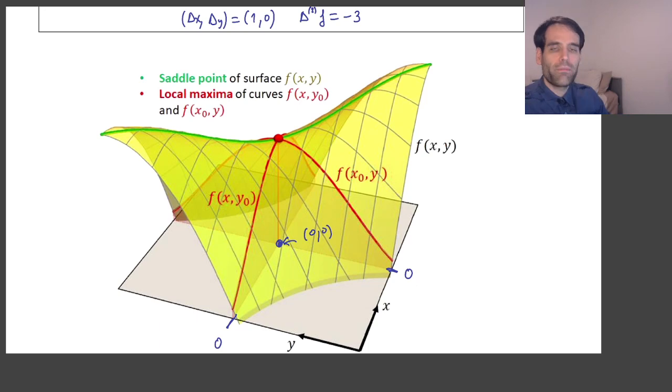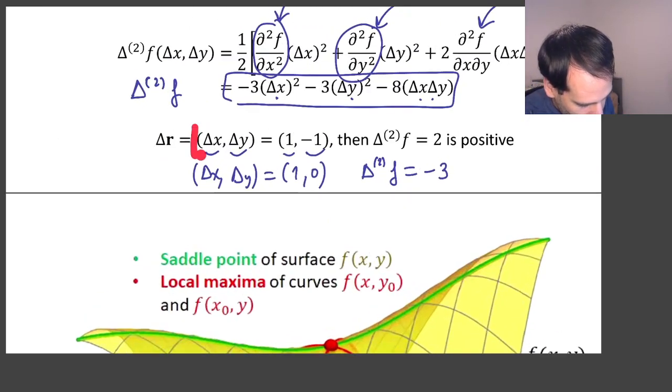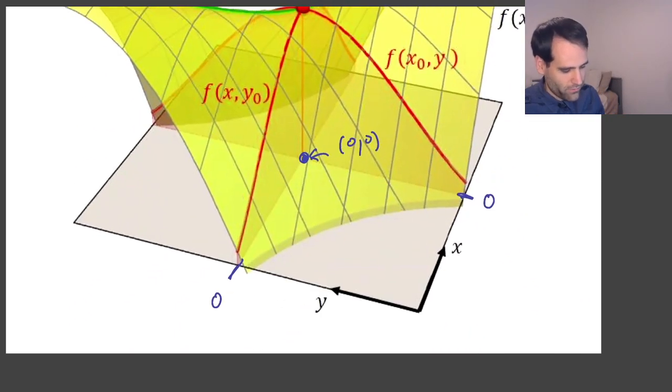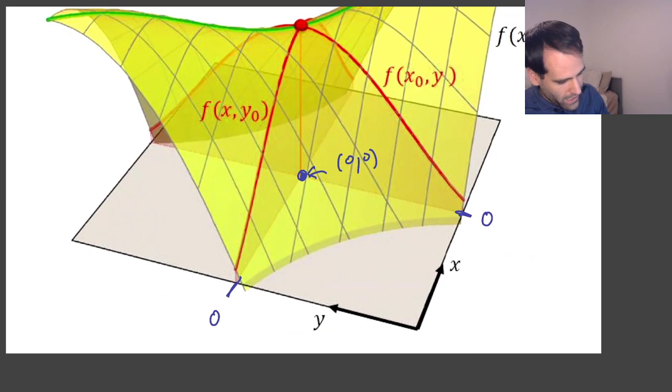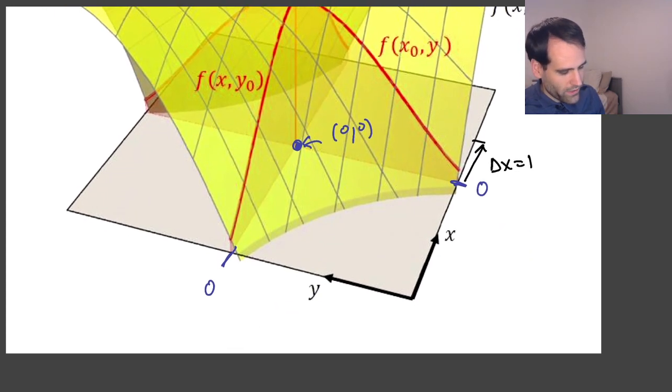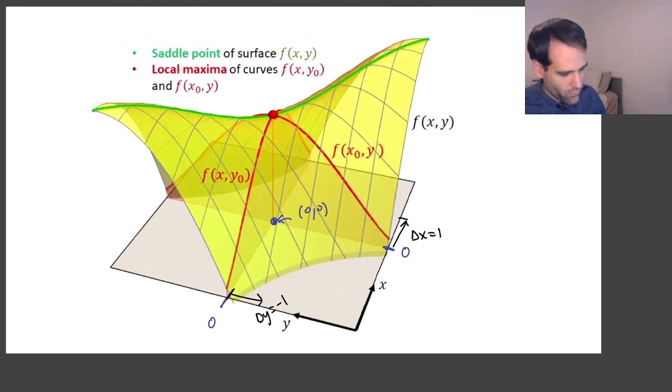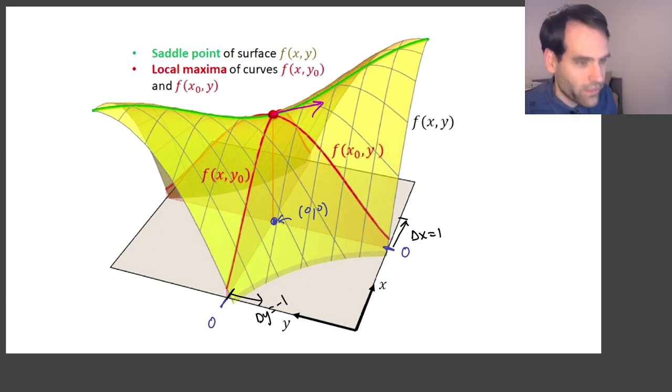However, there are some directions, for example, this direction or this direction, in which the function grows instead of becoming smaller. So that's why when we moved in this direction, delta x equals 1, delta y equals minus 1, we are moving in this direction here.